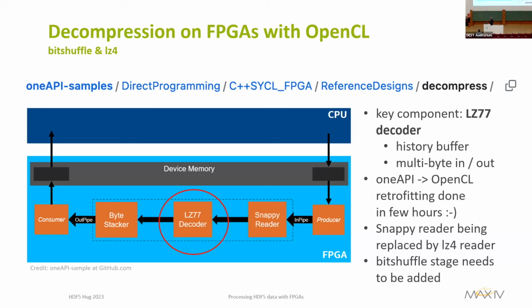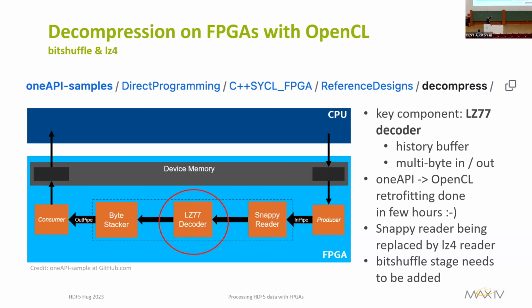Recently I found that in the oneAPI examples, there is an example on decompression with a full decompression pipeline for gzip decompression and compression, and for Snappy decompression. The Snappy decompression contains the LZ77 decoder that actually deals with the history buffer. It also has options like multi-byte in and out, so it is very high performance.